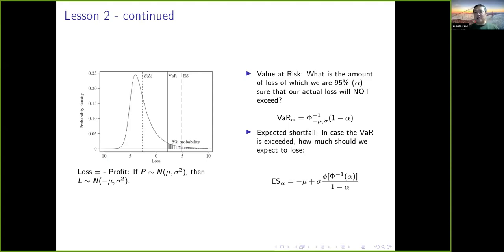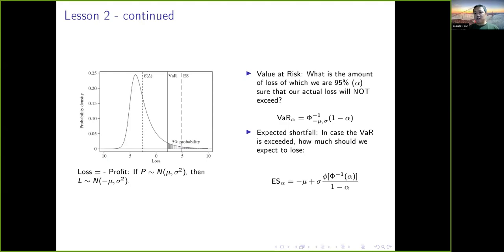It tells us, for a required confidence level, the size of the loss that we are confident will not be exceeded. For example, if 95% VaR of our investment is $1,000, we are 95% sure that if a loss is incurred, it will not exceed $1,000.